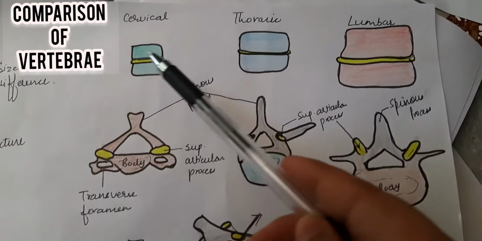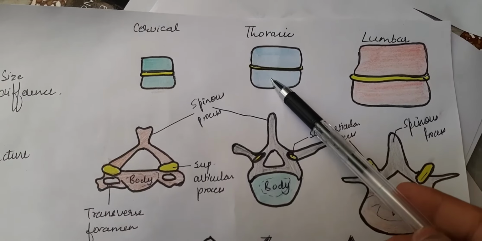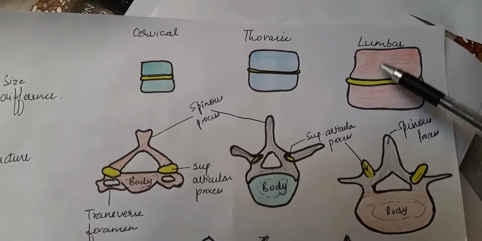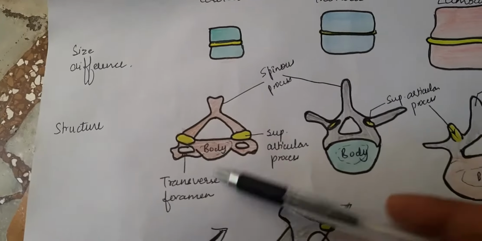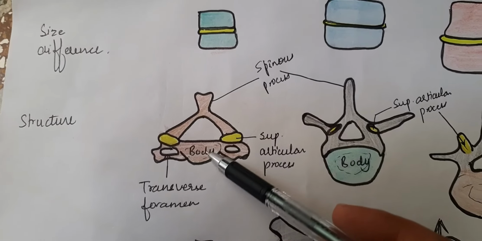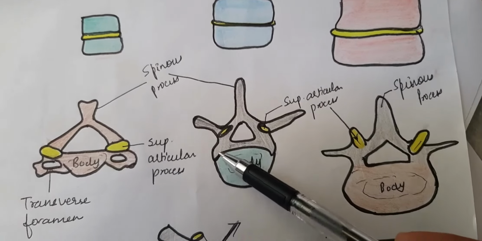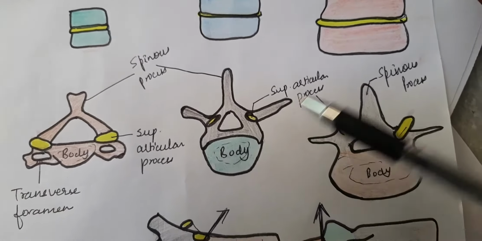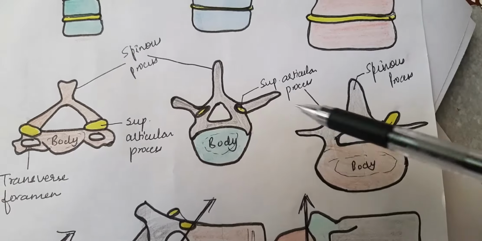First the size difference. The cervical vertebra is the smallest, thoracic is intermediate, and the lumbar is the largest. Coming to the body shape, in the cervical vertebra the body is a small oval, in the thoracic vertebra the body is heart shaped, and in the lumbar vertebra you will see a large oval.